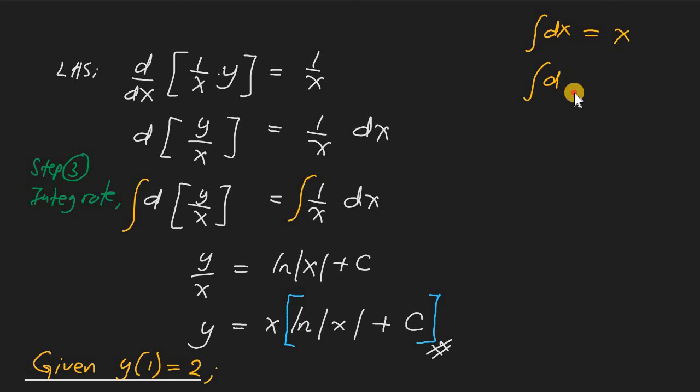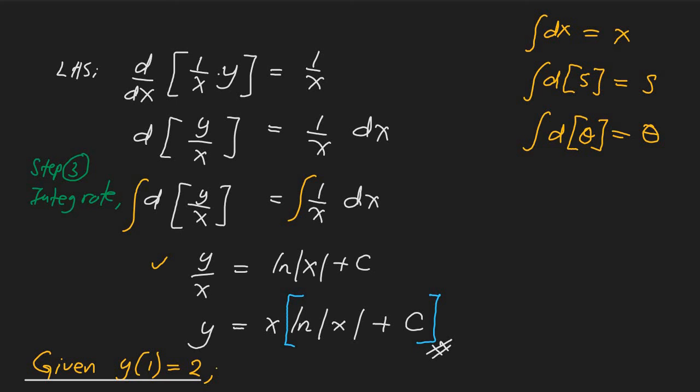The integral of ds becomes s. The integral of dθ becomes θ. So now we have the integral of this, which is y over x, that we obtained earlier. And on the right side we integrate 1 over x.